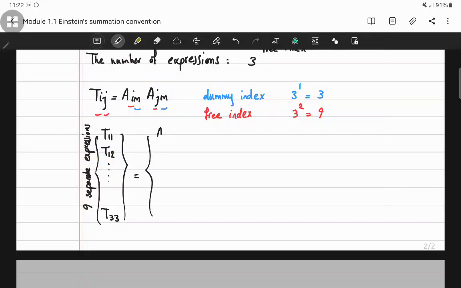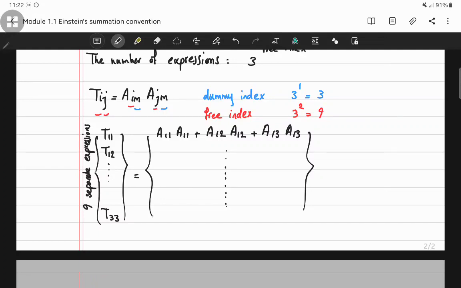So you will have something like this: for i equal to 1 and j equal to 1, it is A11 A11 plus A12 A12 plus A13 A13. And this goes down until the end.